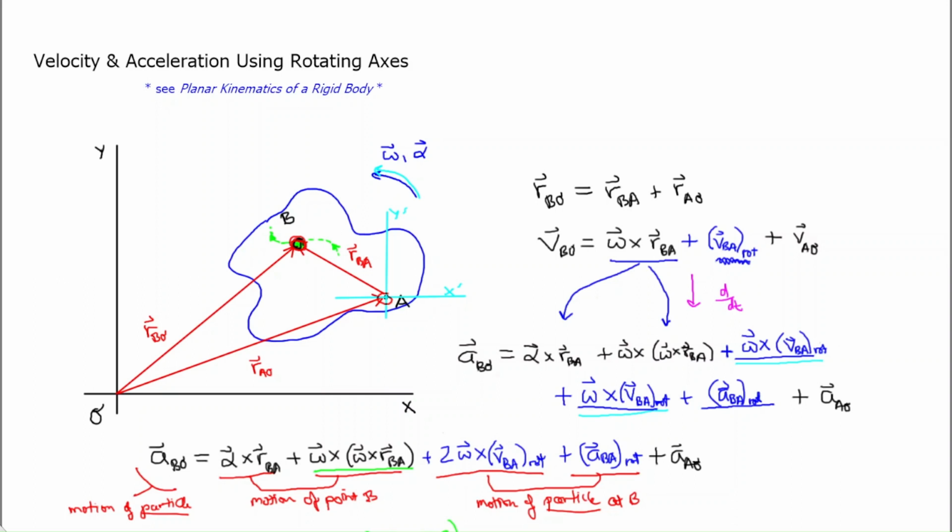Also, the term that I'm putting this wavy overline on is sometimes referred to as the Coriolis effect, and that has to do with objects moving in rotating frames, especially over relatively long distances or relatively long times.